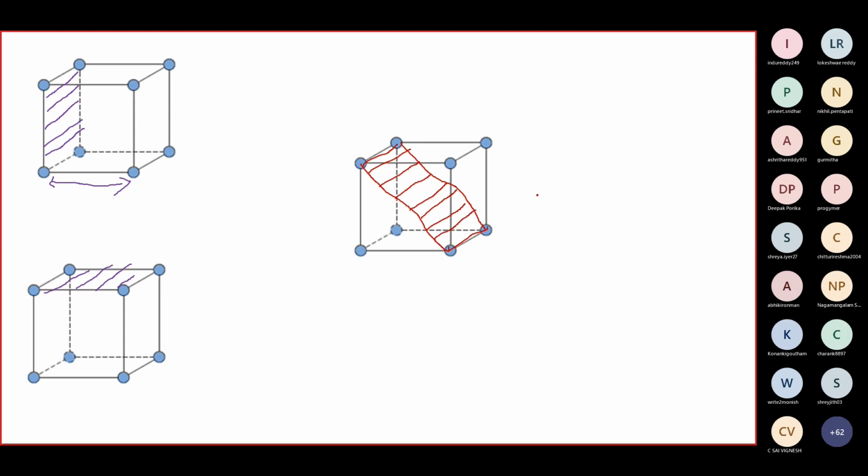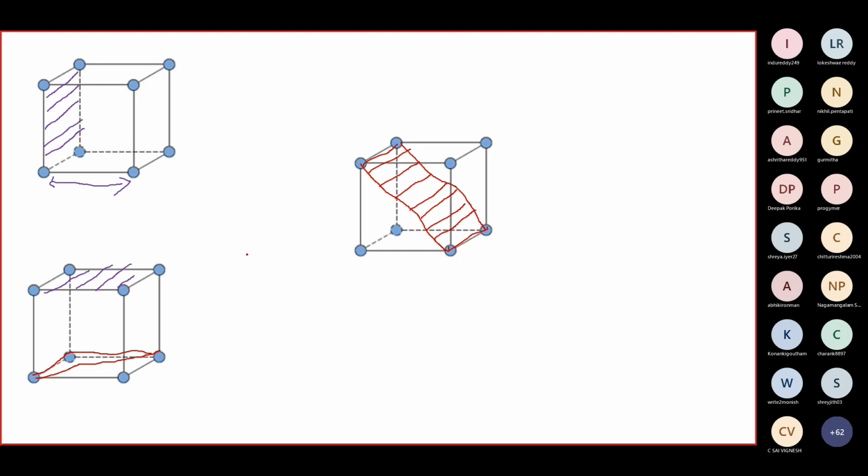We'll again get the same lattice. But we have chosen a different plane. Similarly, we can also choose a plane like this, and then also we will get the same crystal structure. So there are numerous different ways of choosing a plane to explain a crystal structure.